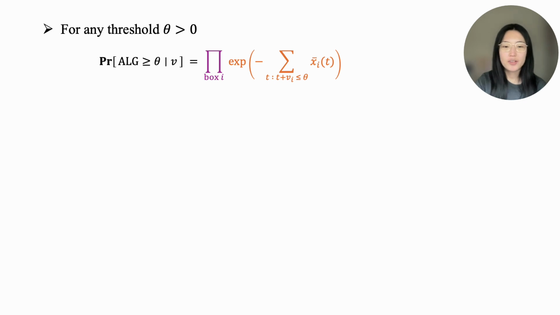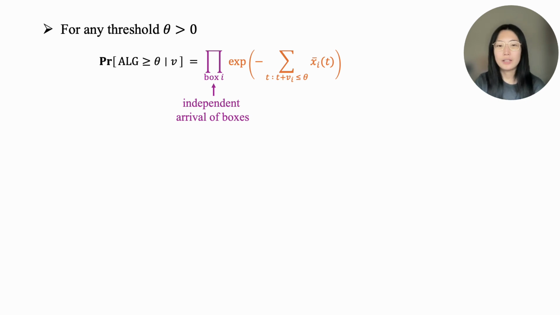Firstly, for any threshold theta, the probability that the algorithm's cost is at least theta is exactly the probability that each box i has no arrival in the Poisson process until time t, such that t plus vi is at least theta. And this probability can be written as a product over boxes i, thanks to the independence of the Poisson process.